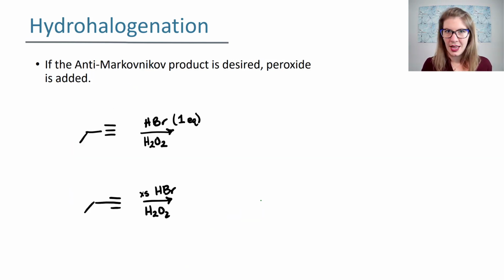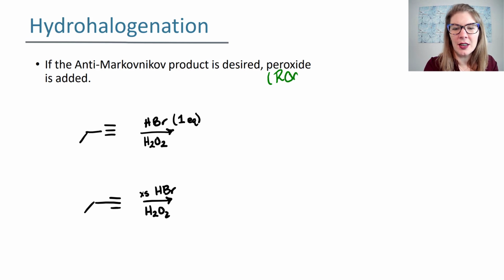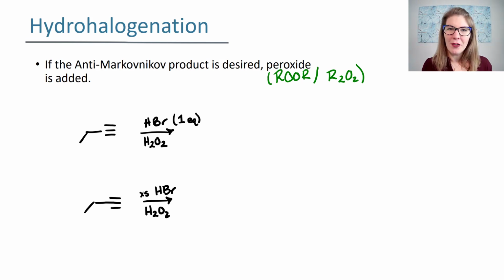If we desire the anti-Markovnikov product, like how we did with alkenes, we have to add peroxide. Your favorite peroxide is H2O2, but don't be surprised if you see somebody just write a general peroxide either in this format or in this format. When we have a peroxide, that forces the reaction to put the bromine at the less substituted side.